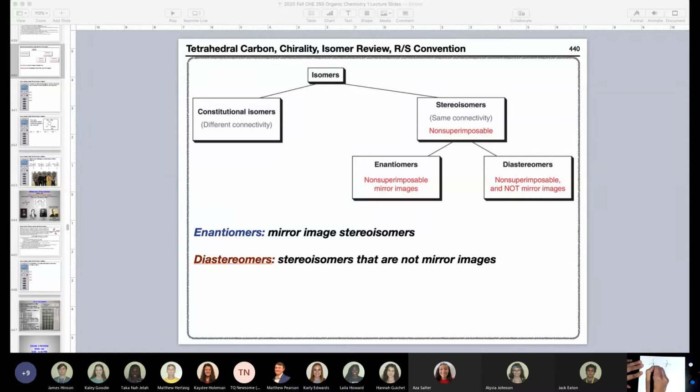So we said this was the R, and that was the S enantiomers. So all we're doing now is looking at some physical properties. The molecular weight of each of these is 147.37 grams per mole.